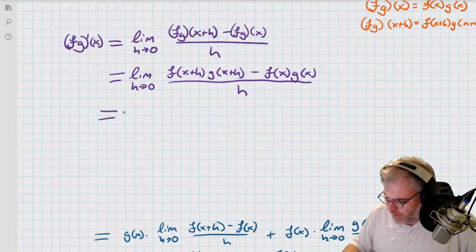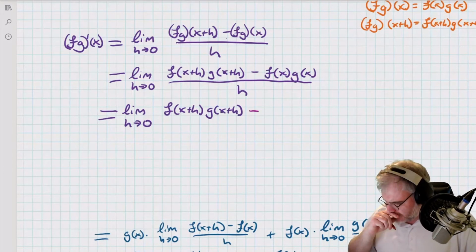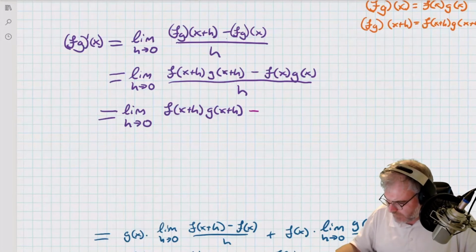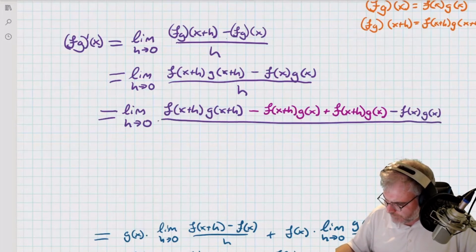I'm going to do equals the limit as h goes to 0 of f of x plus h, g of x plus h, minus f of x plus h, g of x, plus f of x plus h, g of x, minus f of x, g of x, all over h.